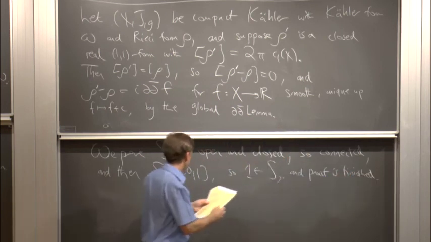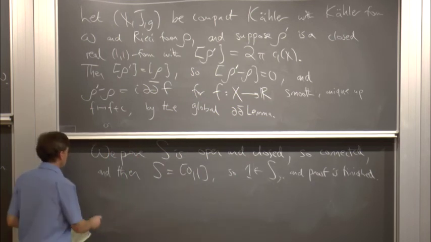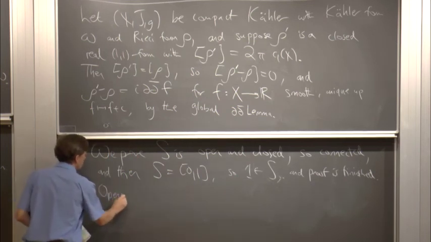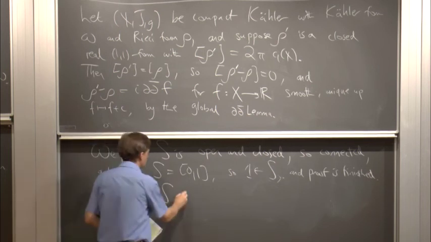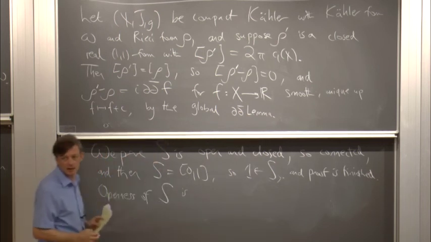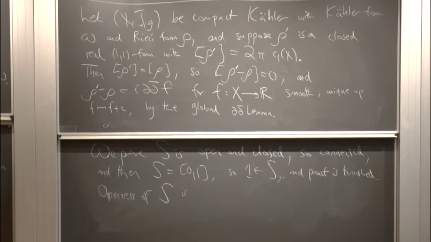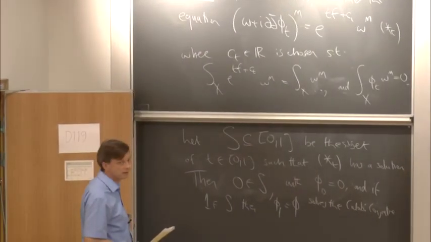Okay, so the openness of S is fairly easy. You're defining this one-parameter family of phi so that phi_1 is the phi you're interested in. Yes, that's right.